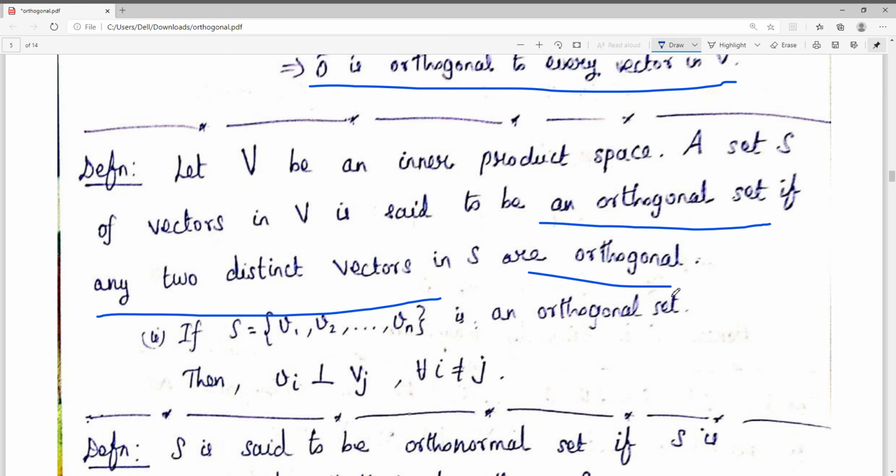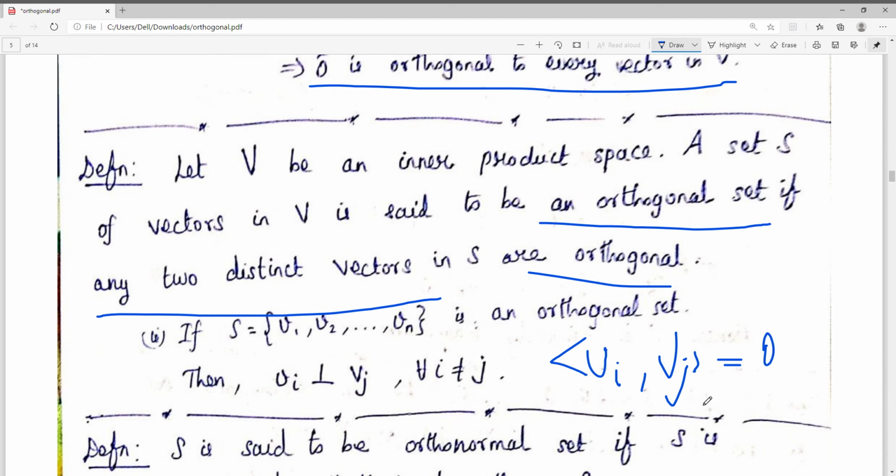What does orthogonal mean? Whichever two vectors you take the inner product of, it must be 0. That is, the inner product of any two vectors vi comma vj is equal to 0.